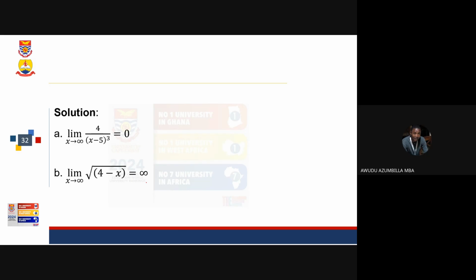Sometimes you cannot even define it, because initially we said that when you divide a number by a negative, it becomes imaginary numbers. Calculator cannot even find it. It becomes nonexistent. So as x increases, that number becomes infinite. These are some of the things that we should also take note of.